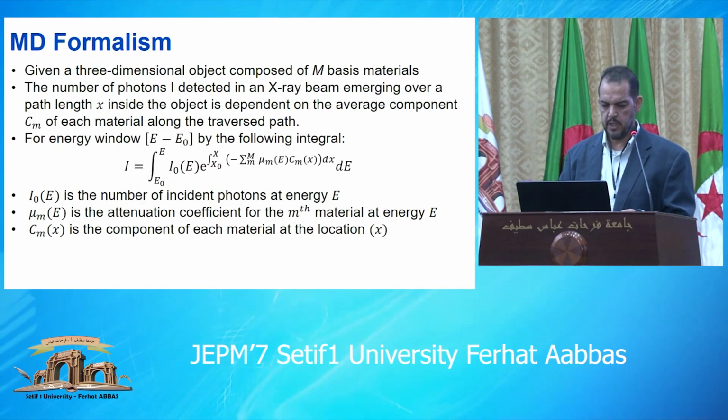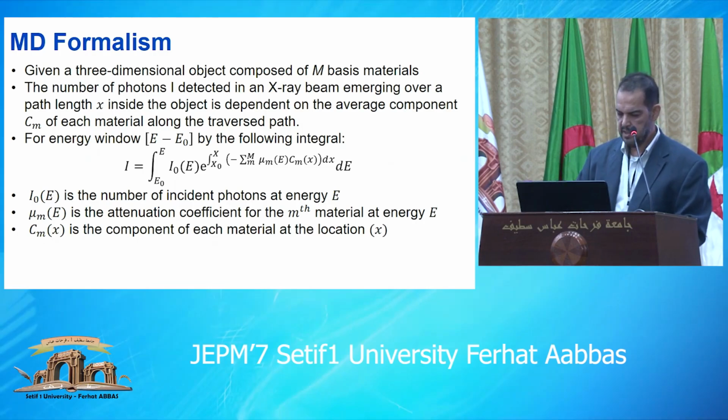Okay, so we can write, if you have an incident X-ray intensity I0 and a detected intensity I, this equation, where these are the attenuation coefficients, these are the concentrations of the material in a voxel, and you integrate over the number of materials that you have.